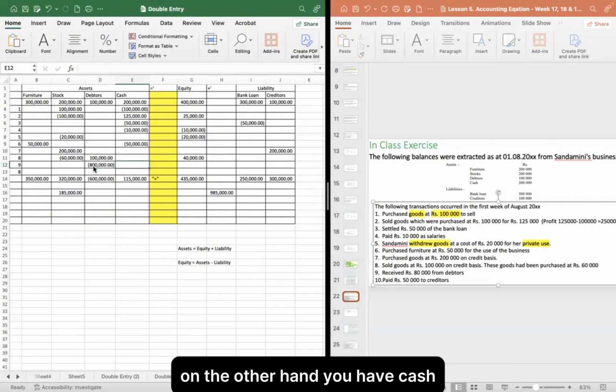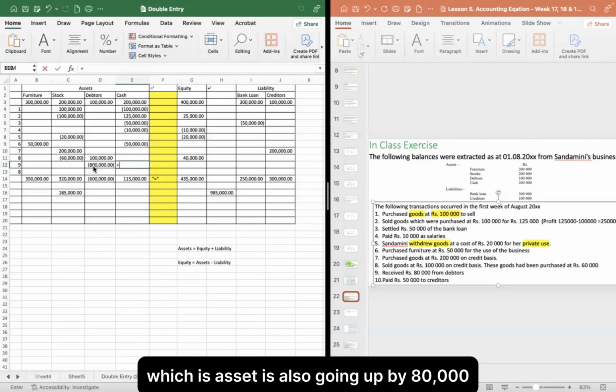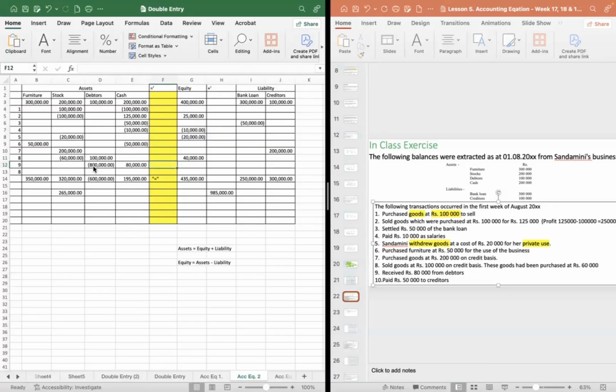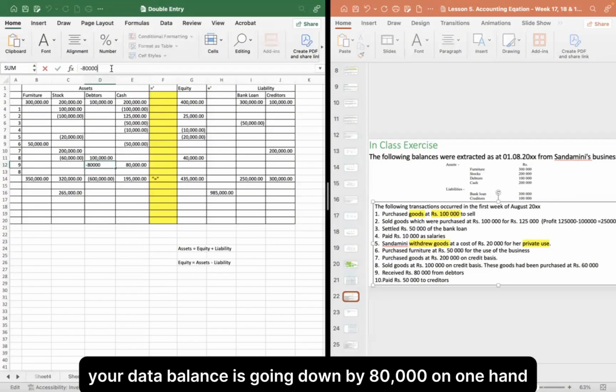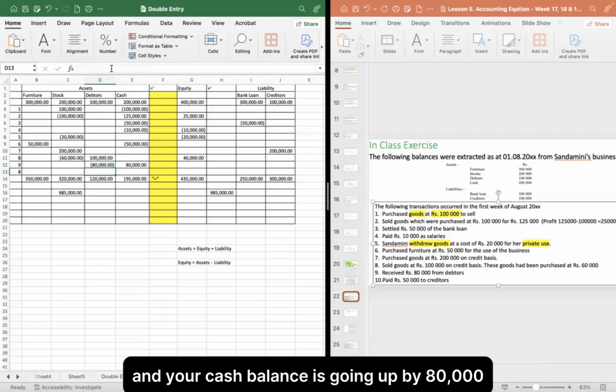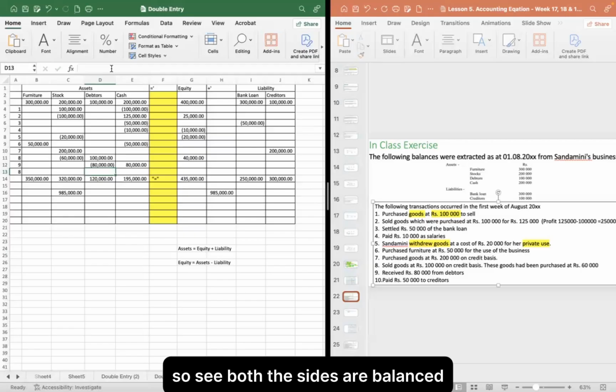On the other hand, your cash, which is an asset, goes up by 80,000, because they have given you money. So your debtor balance is going down by 80,000 and your cash balance is going up by 80,000. See, both sides are balanced, 9,85,000.